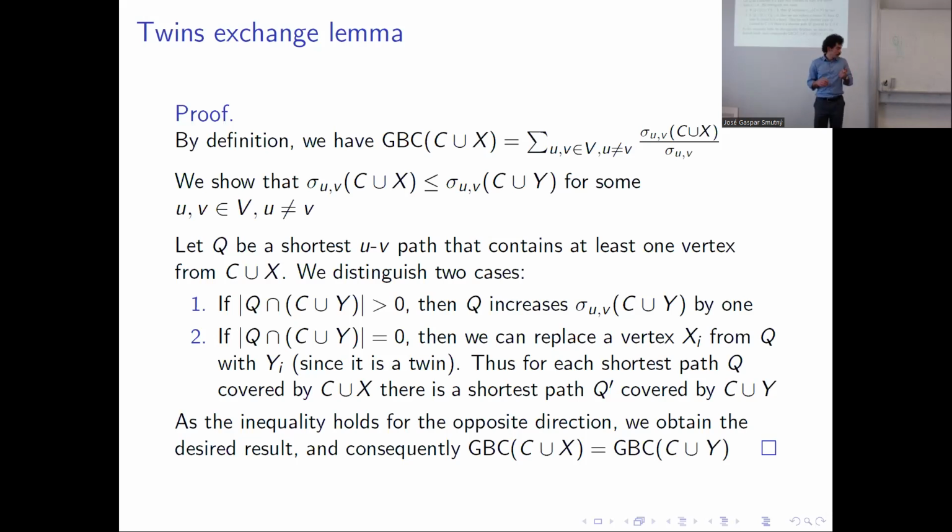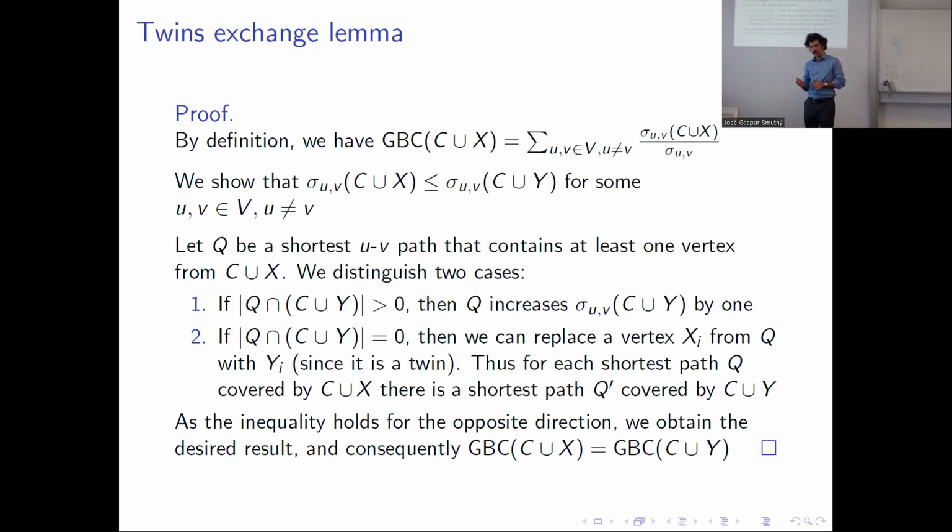If we enumerate the vertices from X and Y, it's going to be x1, x2, and so on, and then y1, y2, and so on. Recall that the sets have the same size. Then we can simply swap the vertex from X that the path contains.